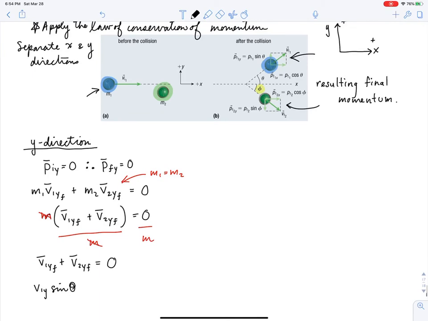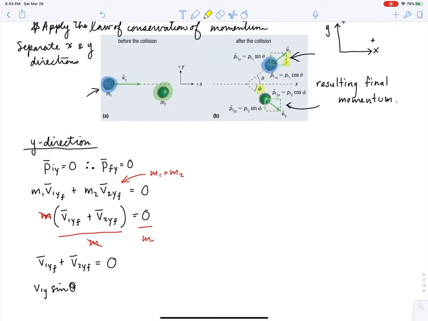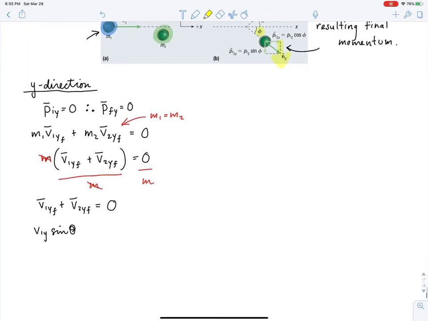Just to be clear, the velocity for mass number 1 in the y direction will be pointing upwards like this, and for object number 2, it'd be pointing downward like this. Since they're in opposite directions, we write this as v1 sine theta minus v2 sine phi equals 0. And we can solve this for the angle of the velocity for mass number 1.